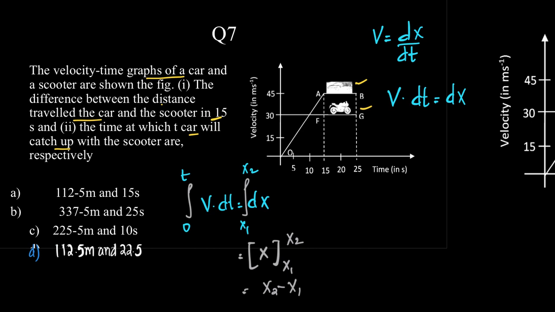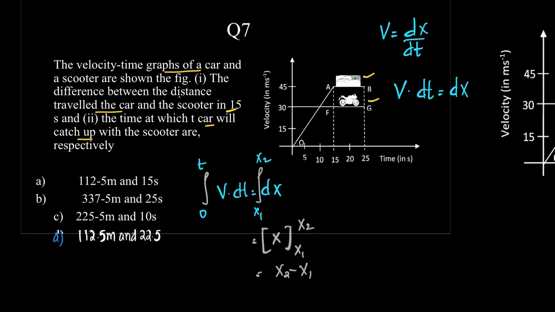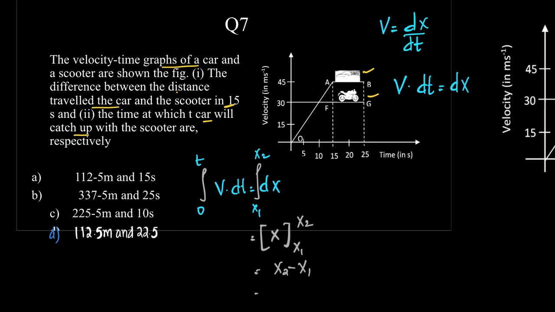Okay. Now when we have x2 minus x1, what does this mean? This is the difference in the position at time t minus the position at time t equal to 0.